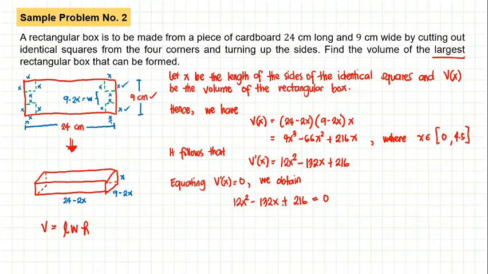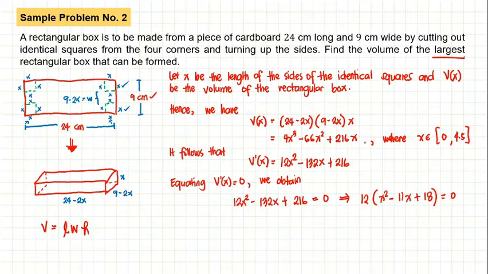Solving for x, to make it easier, since this is a quadratic equation, we will first factor out 12. So this is x squared minus 132 divided by 12, which is just 11, so this is 11x. And 216 divided by 12 is 18, so this is plus 18 equal to 0.